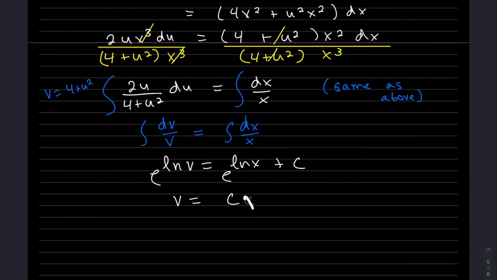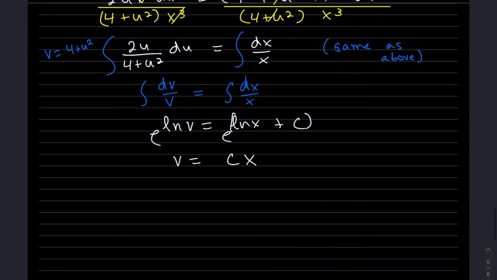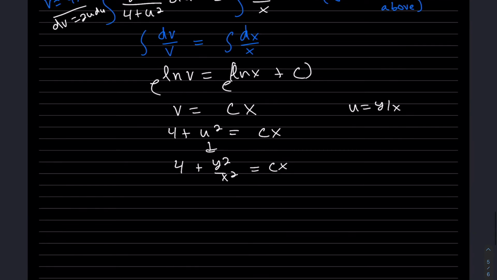Nope, just cx. Remember separating that? V is right here. I guess I can write dv equals 2u du. So u is y over x, and distributing.